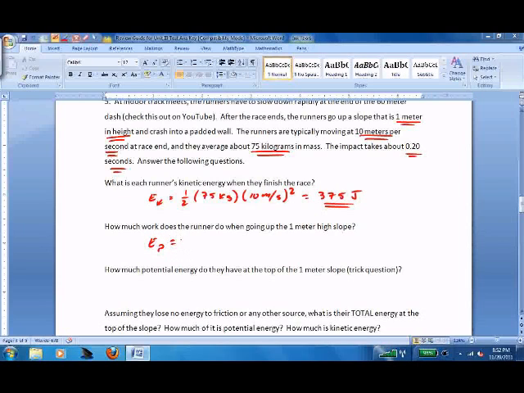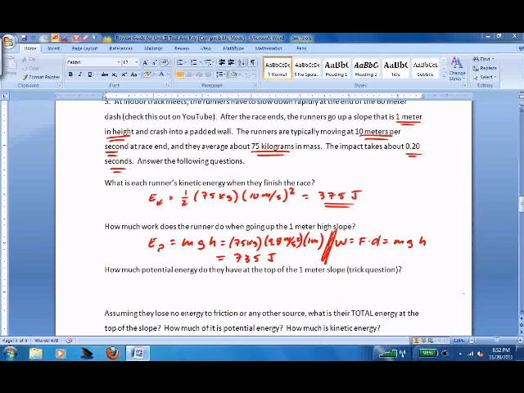You could also write it as work equals force times distance, and the force they're bringing is the weight, which is mg, and the distance is the height. But as we know, that's just the same as this. So we've got 75 kilograms times 9.8 meters per second squared times 1 meter high. And that would be 735 joules of energy.